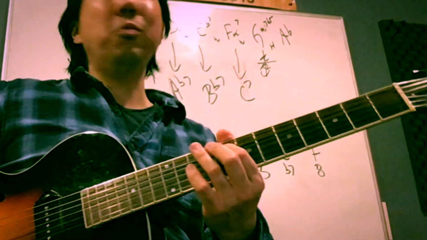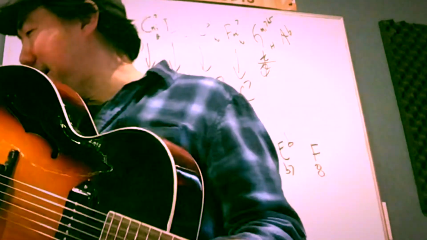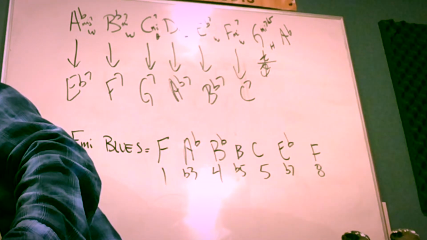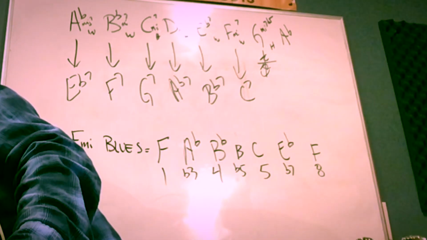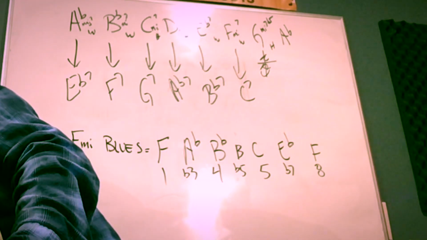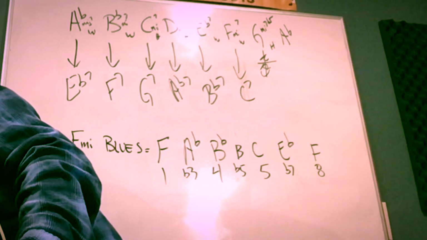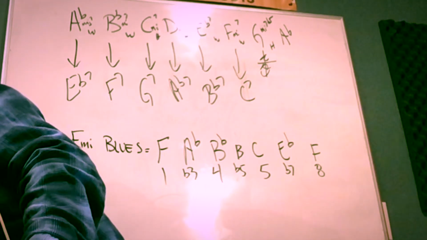I would say just really loop this and play along as much as you can with it. I'm going to speed up the tempo, but I'm hoping you guys can just do this for hours. Oh yeah, Robert, you have a question? I had a quick one: if it was in the key of F minor and you were going to play a major scale, you'd play the A flat major.